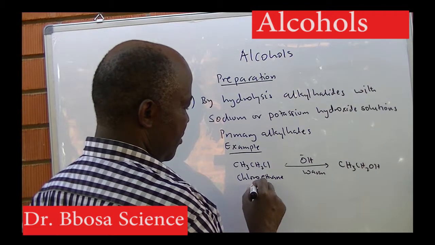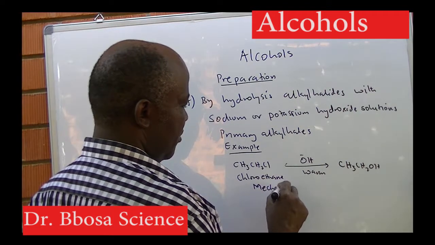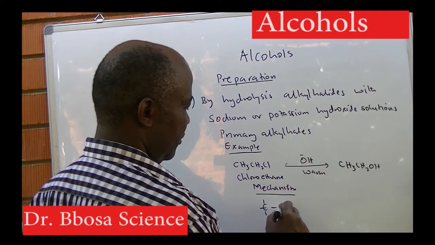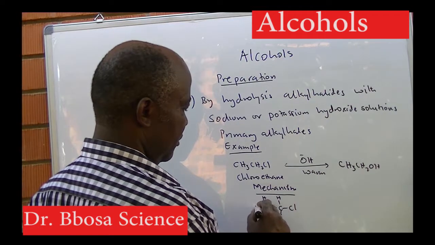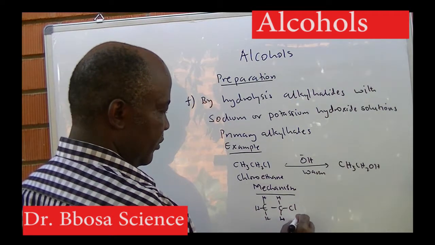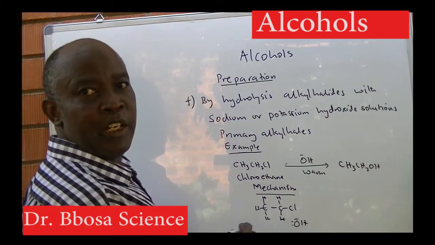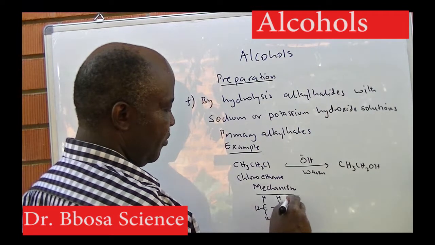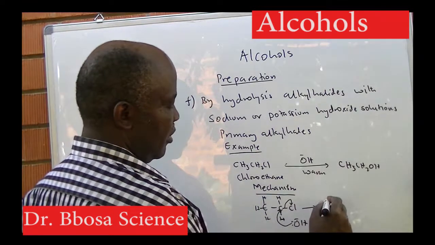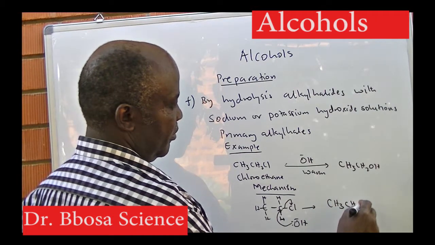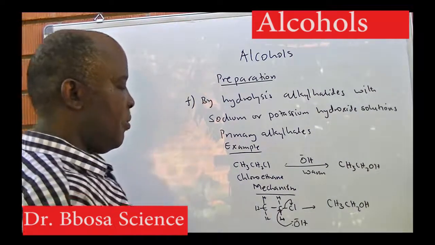Mechanism. The OH ion uses a pair of electrons to displace a chloride ion from the carbon to form ethanol.